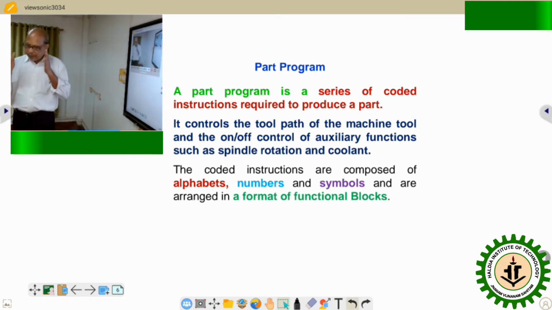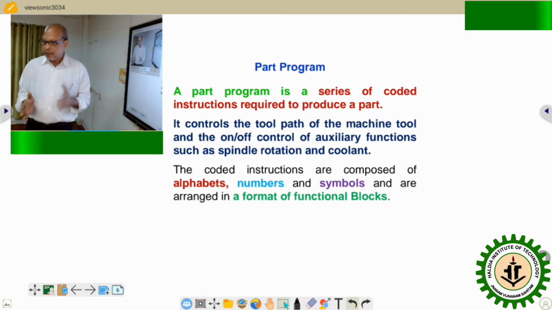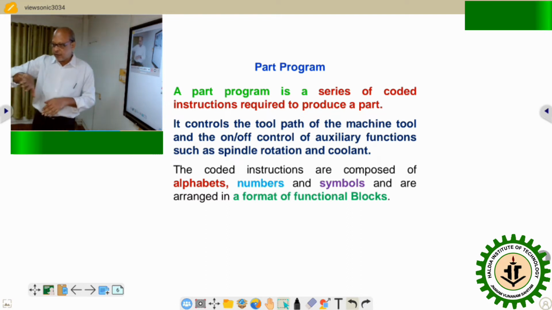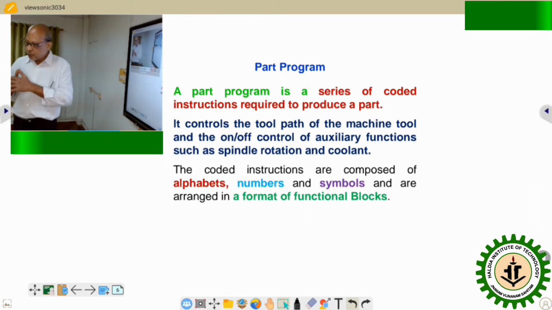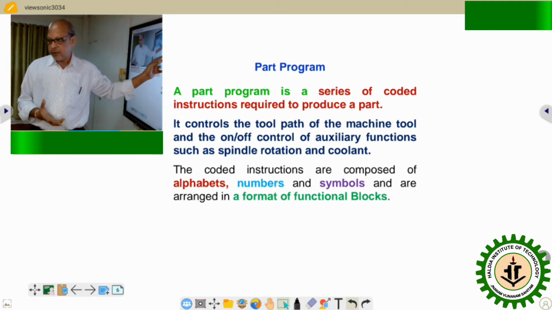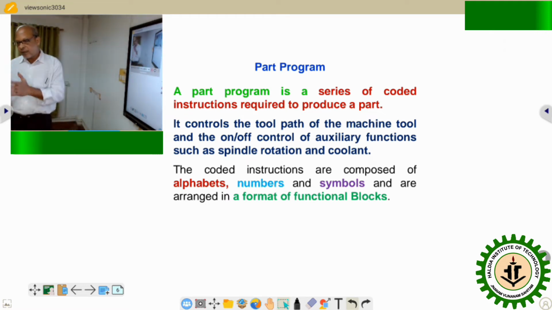If we want to pour coolant, coolant on-off also comes under the auxiliary functions. Tool change command is also regarded as an auxiliary function. So one category is auxiliary functions, and the primary, predominantly the tool path, is the significant portion of the commands under the purview of your entire part program.